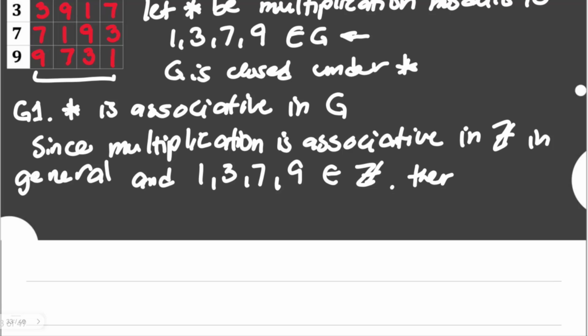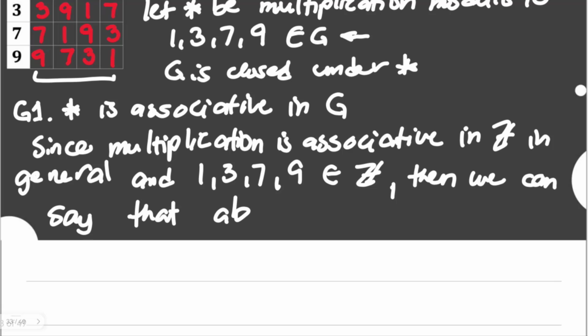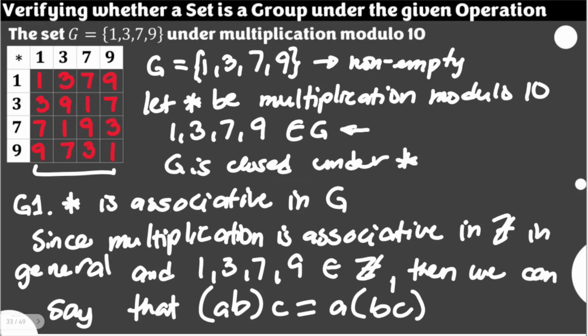Then we can say that A, usual multiplication, this is usual multiplication, right? This multiplication is the usual multiplication for Z elements. So 1, 3, 7, and 9 are in Z. So we have something like this. Now, if we're going to assume, of course, we can have here for all A, B, and C element of G because they are all elements of G as well.